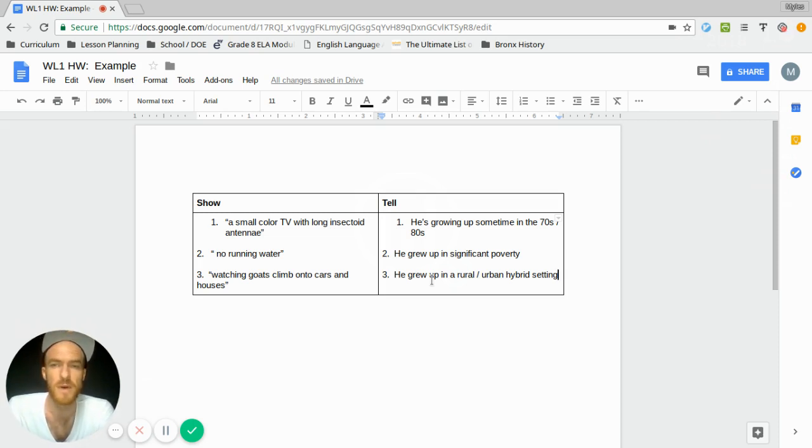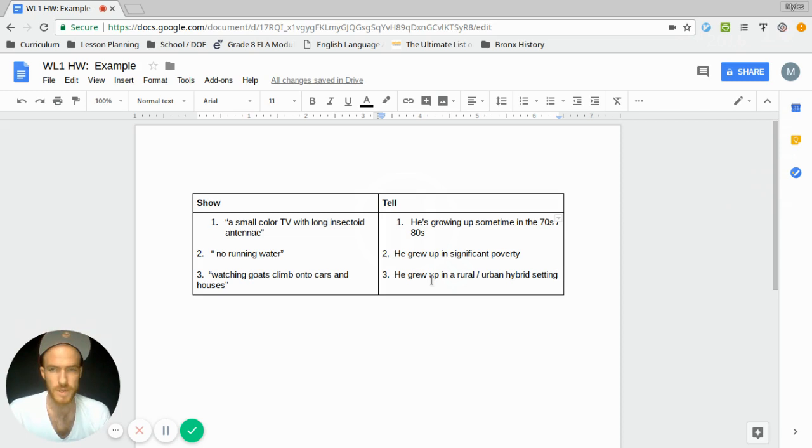But he's talking about watching goats climb onto cars and houses. So that tells me that where he grew up was a combination between an urban setting, where you have lots of people, cars, houses, and a rural setting, where there are goats running around everywhere. So that one detail helps me imagine what Santo Domingo would be like to grow up in, what the actual setting is like, and how it might be different from my setting.